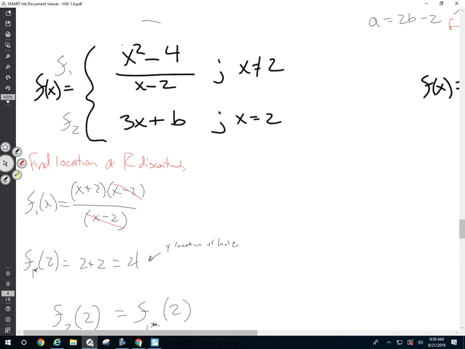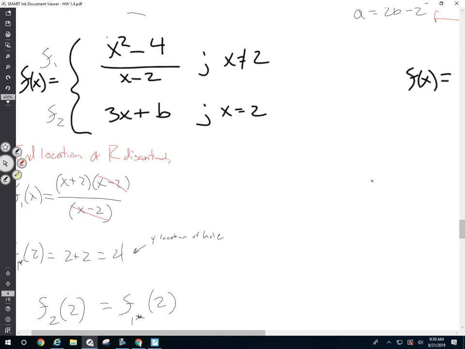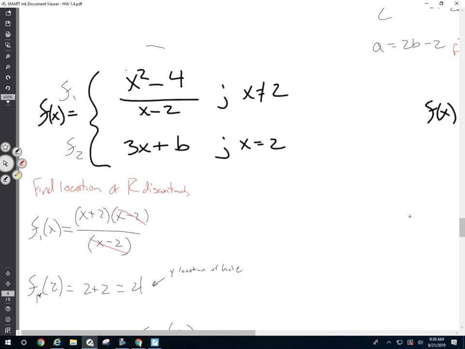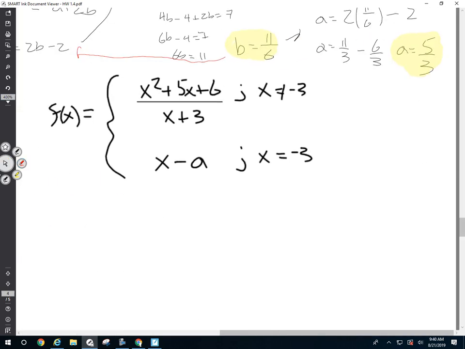Okay? Cool. What we essentially did there is find the limits as x approaches 2. I have a hole. I can simplify to find the location of the hole. Same deal, I'm assuming. F little 1, I bet, has a hole at negative 3.